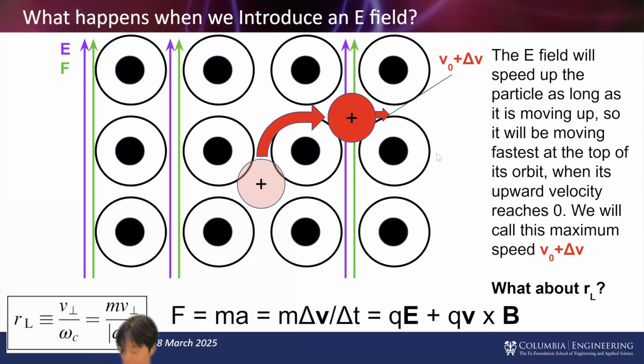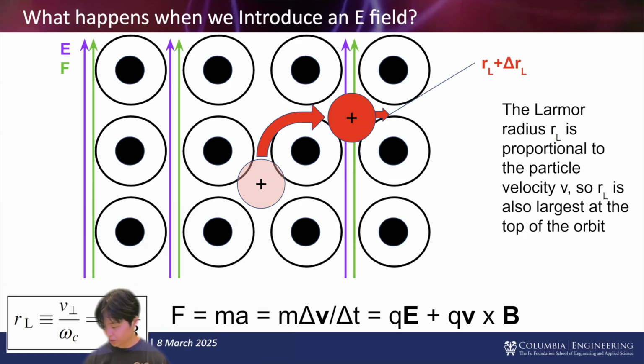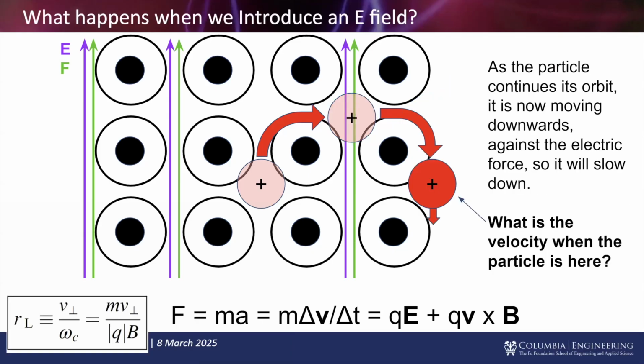So what happens to my Larmor radius? My V is increasing, so my Larmor radius is also increasing. So my Larmor radius has increased slightly. But let's say I move downwards now because I'm gyrating along the field lines. I have to move around this magnetic field line. As I'm moving downwards, the velocity is now in the opposite direction of the force.